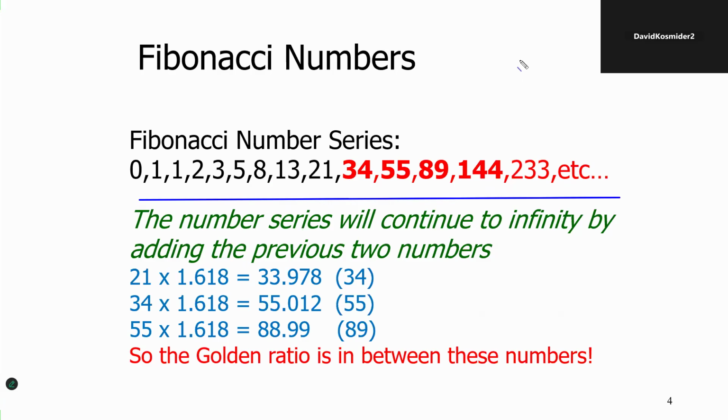We're actually going to use the ratios derived from the number series, because this will go out to infinity. But what you'll notice in between the numbers is basically the golden ratio. So let's say 13 times 1.618 will give you pretty much the next number. Take that number, multiply it, you'll get the next number. So the golden ratio is inside of these actual numbers.